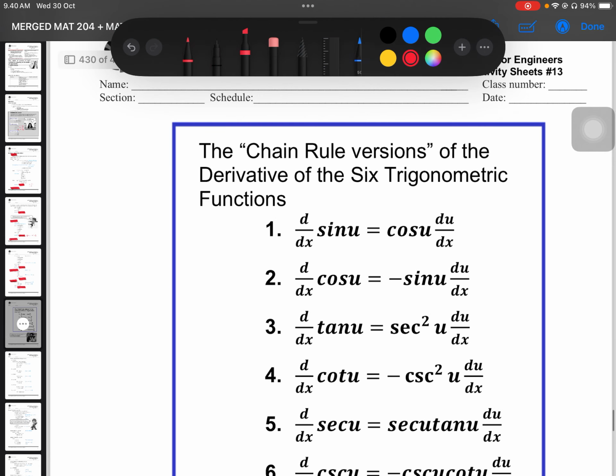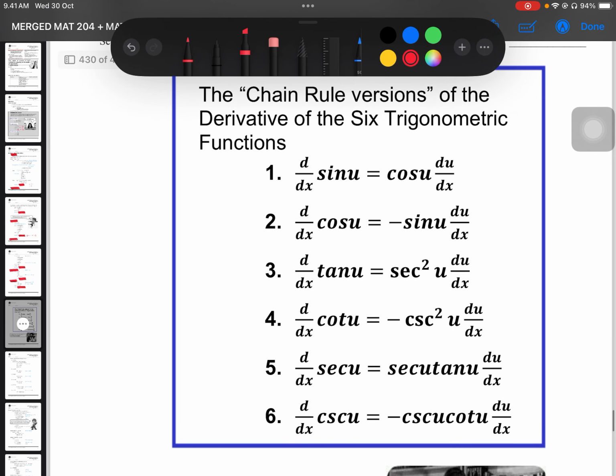So, this is our summary. The derivative of sine u with respect to x is equal to cosine u times the derivative of u with respect to x.